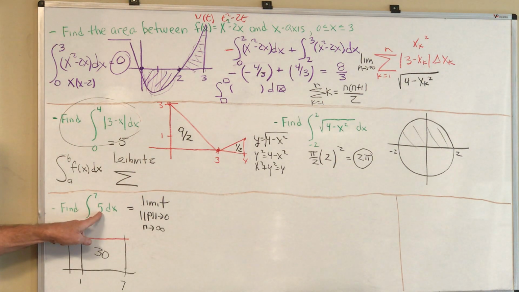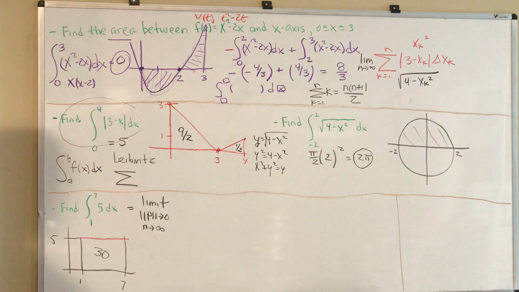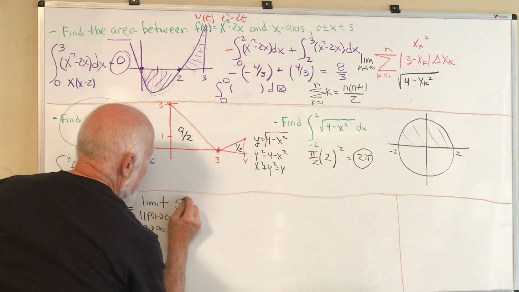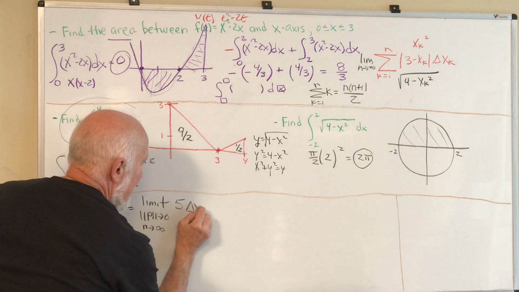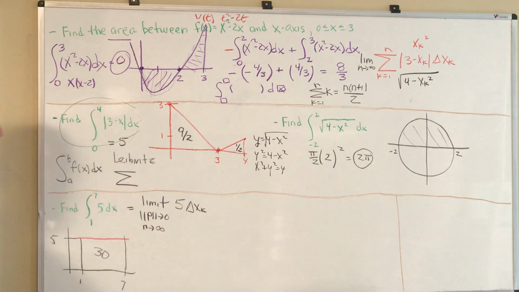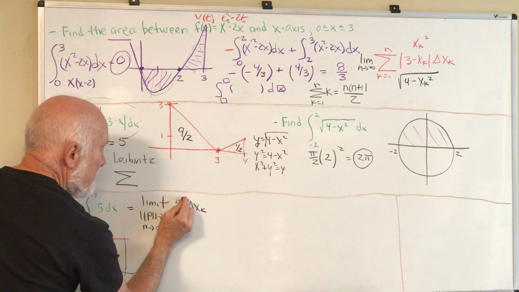Well, this function doesn't even have an x in it. So it's just going to be 5 times delta x sub k. Well, with limits, you know we can take a constant, the 5, out front.